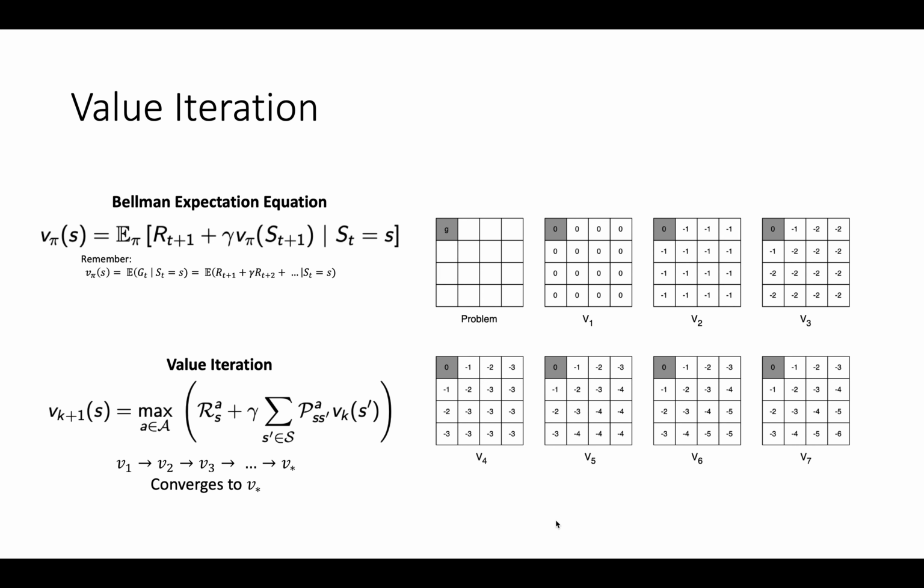Why is this true? Well, let's consider the definition of the value function. It tells us the expected return given that we start in state S under some policy pi, and we can expand this. If we factor out gamma, you can see we have just gamma times the value of the next state.